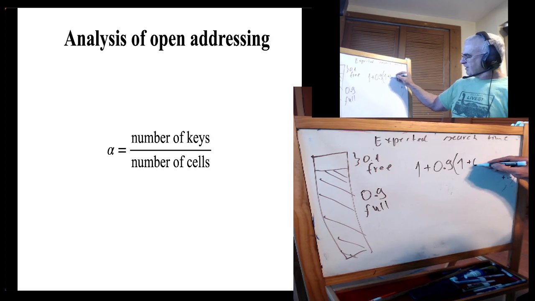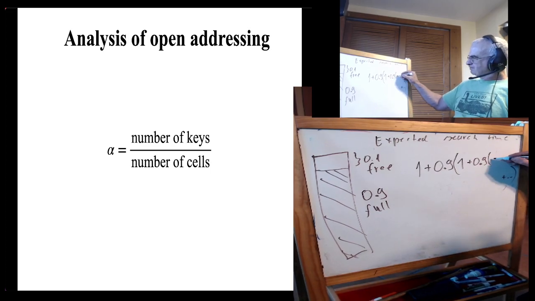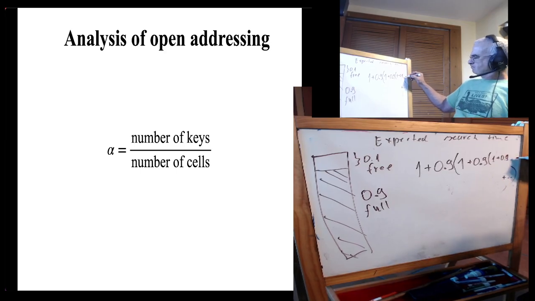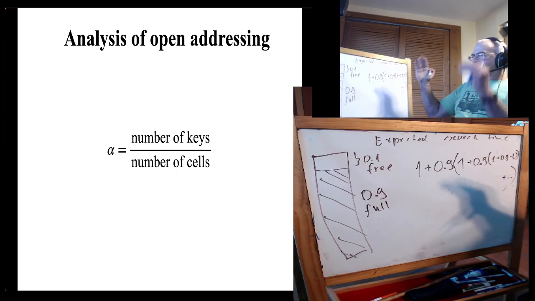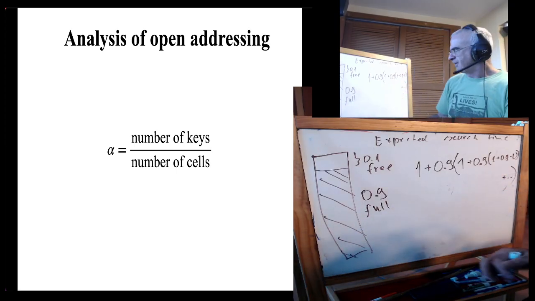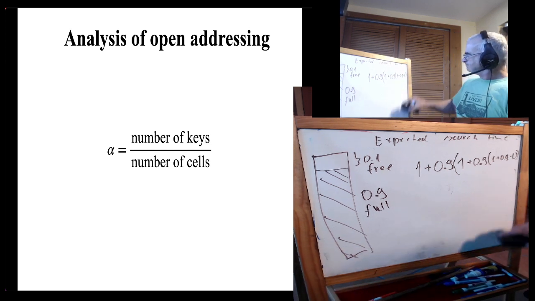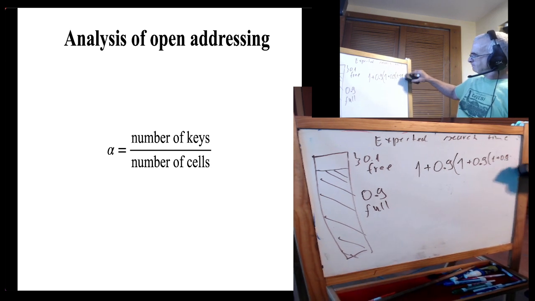There is a chance that I need to continue, and that chance would be 0.9 times (1 plus 0.9 times, and so on. This sequence of parentheses continues becoming more and more nested, but let's stop already at this part.